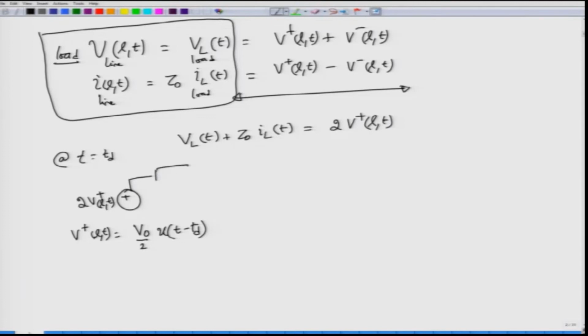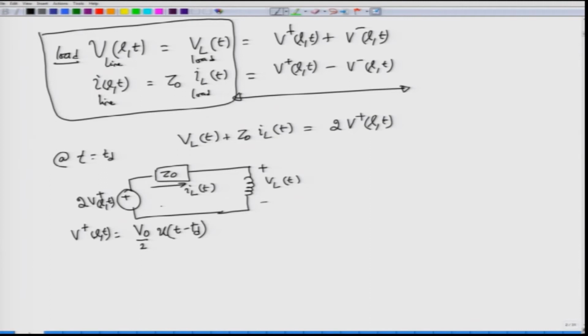So go back to this one. This must be equal to Z0, let us say the current flowing through this must be IL of t, right, and then you must have a load voltage which is VL of t. What is the load here? It is the inductor that we have considered. By applying KVL you can show that this equation is actually represented by this.